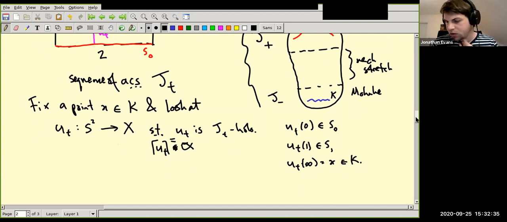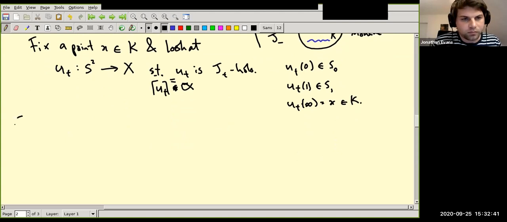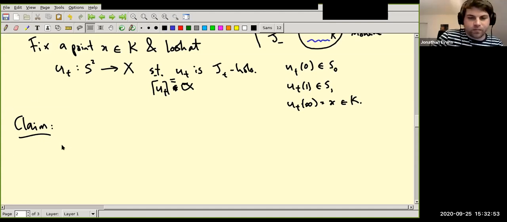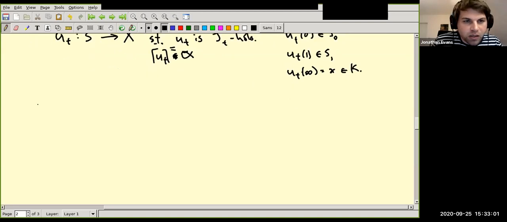Okay. So here's the claim. Well, actually, maybe before I say the claim, I should tell you what happens in the limit. I'm sure many of you have seen these kind of arguments before, but I should probably say it anyway.